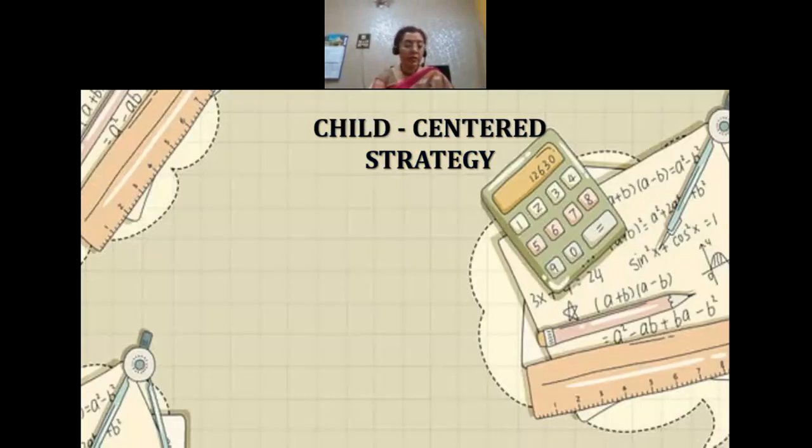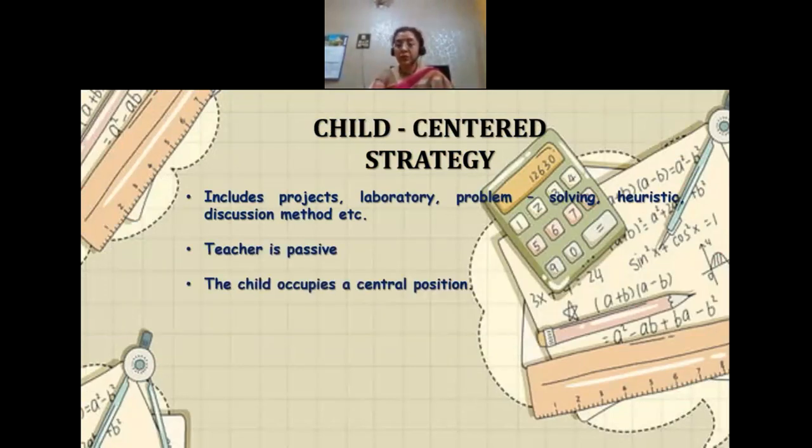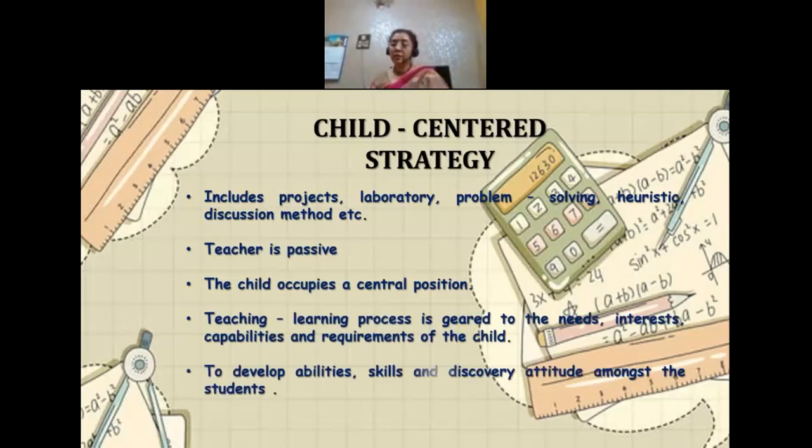The opposite is child-centered strategy, where the teacher is passive, the child occupies the central position, and all the lesson planning and project planning is done according to the need, interest, and capability of the children, not according to my requirement. So these are the two main strategies. Every strategy has its own strength and weakness.